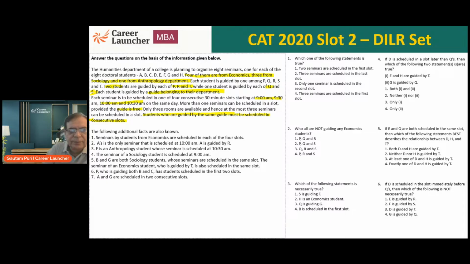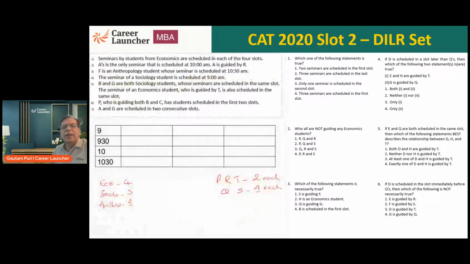Okay, great. Now, first thing, going back to the questions. Question number 2, who all are not guiding any economics students? Economics students, there are 4 students. And students of economics will be guided by faculty of economics only.